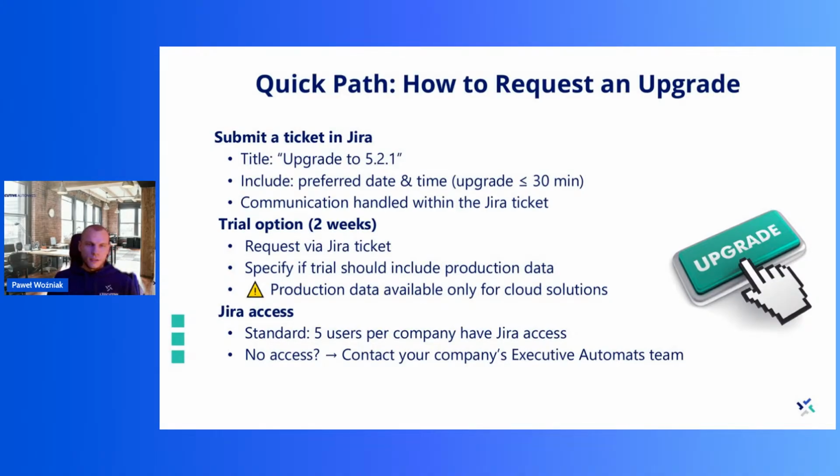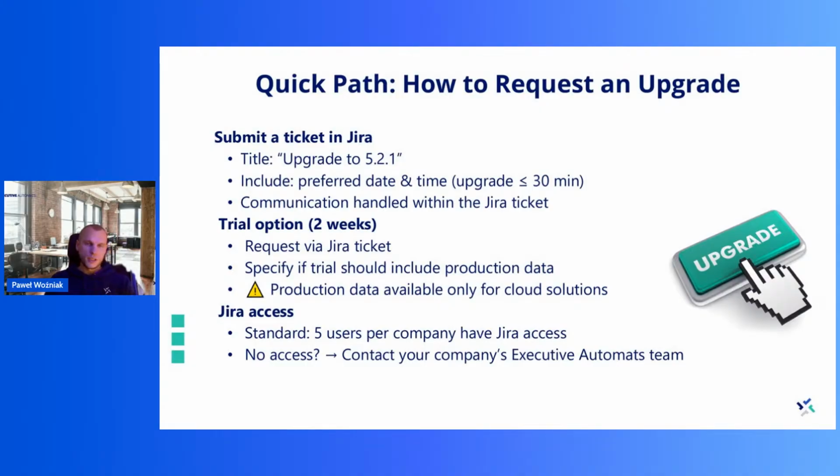And for those customers that would like to verify everything before getting the update on the live environment, there is an option to get a trial version updated with the newest version, with your production database from your production automation environment.